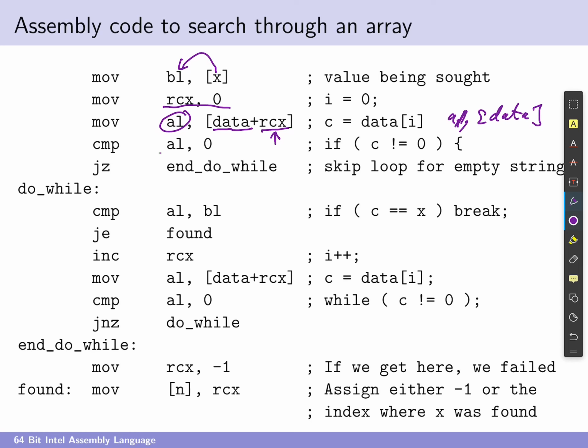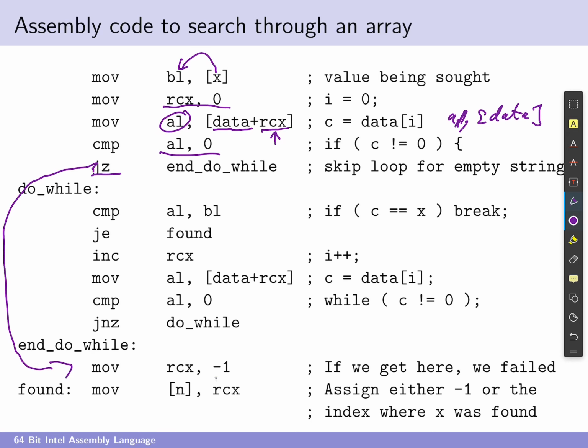First thing I'm going to do, and this is basically the if statement outside of my while loop, is I'm going to check if AL is in fact equal to 0. So I'm checking if the current character I'm looking at is a null entry. And if it is a null entry, then we may as well stop the search. And in that case, if they weren't equal, JZ, or jump when the previous comparison resulted in a 0, is not true, I will simply jump to this instruction over here.